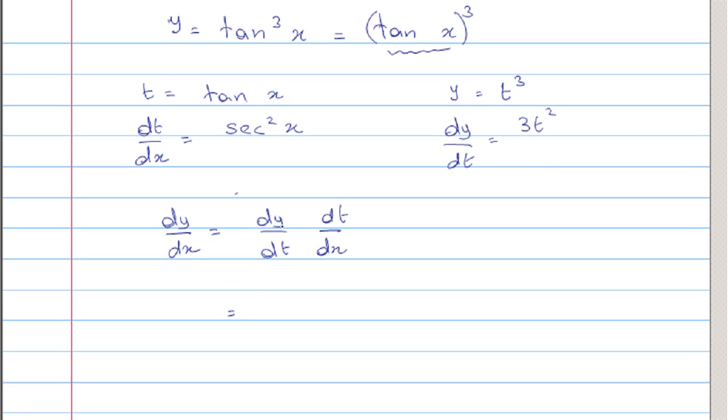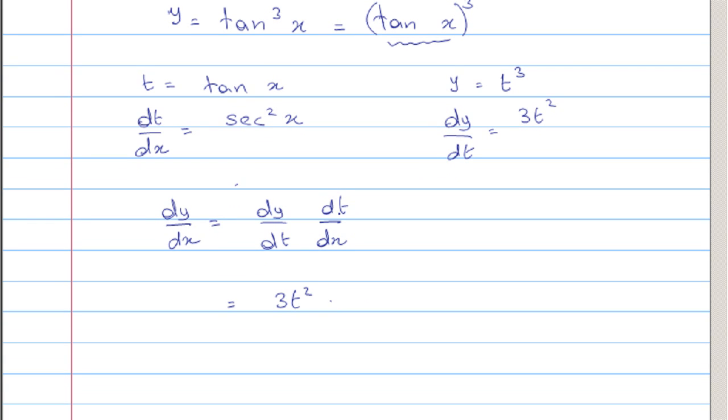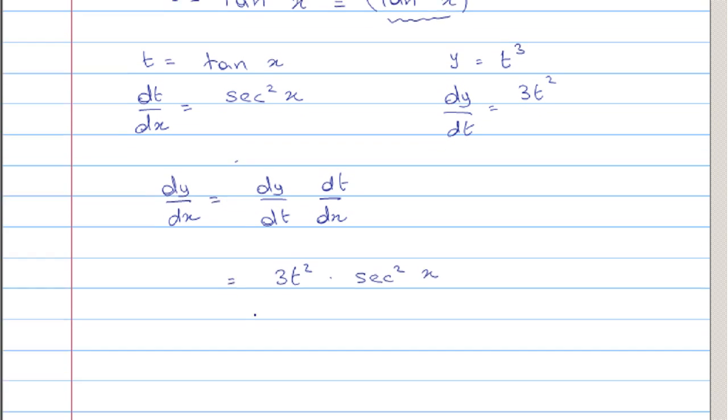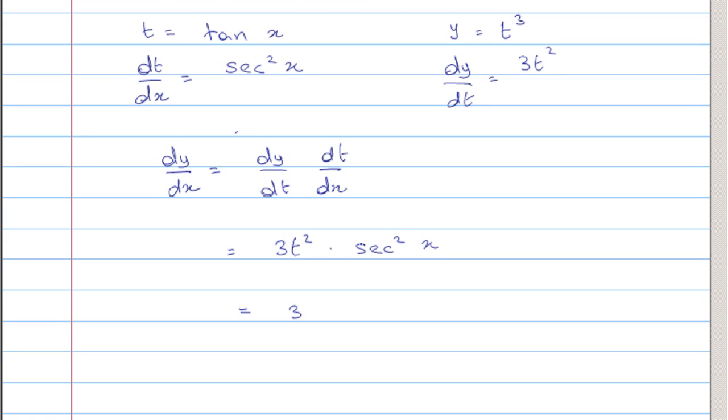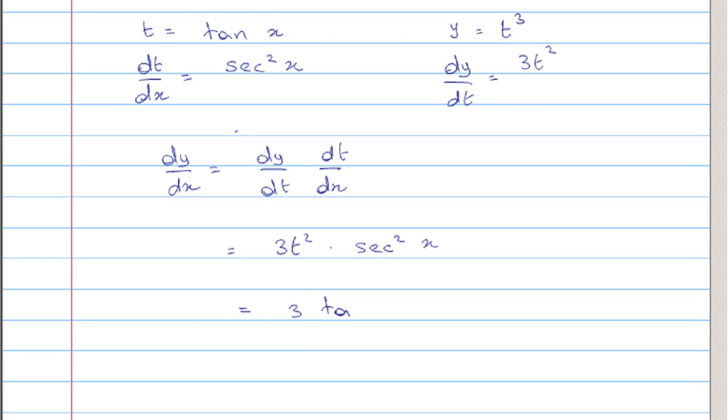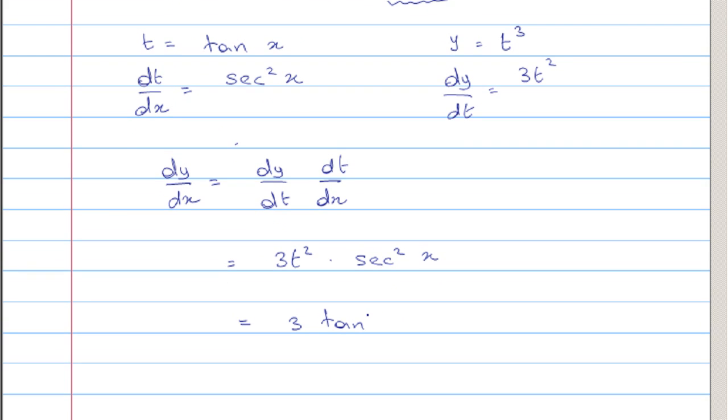And substituting for dy over dt and dt over dx, I get dy over dt, that's 3t squared, times dt over dx, which is equal to sec squared of x. And then substituting back for t, I get 3 times tan squared x, or (tan x) squared, whichever way I want to write it.